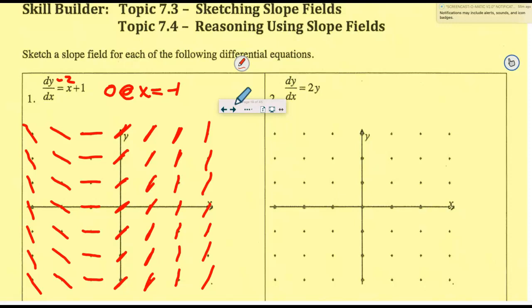Now they'll also ask you to sketch a solution, and they'll give you a specific point. So if it said to sketch the solution through the point (1, 1), you put a dot right here. And actually in meteorology, these have little arrows for wind currents.